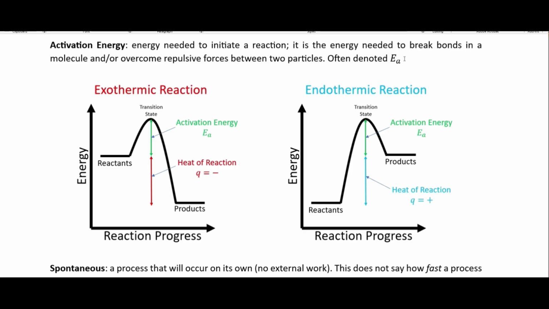And it is denoted as E sub A. And for either type of reaction, it is just the difference in the energy between either the reactants and the transition state, if it's an exothermic reaction, or the products and the transition state, if it is an endothermic reaction. Because we see that the heat that is different between the reactants and products, when not considering this transition state, is either just the heat of the reaction, which is given off in an exothermic reaction, or the heat of the reaction, which is absorbed in an endothermic reaction.